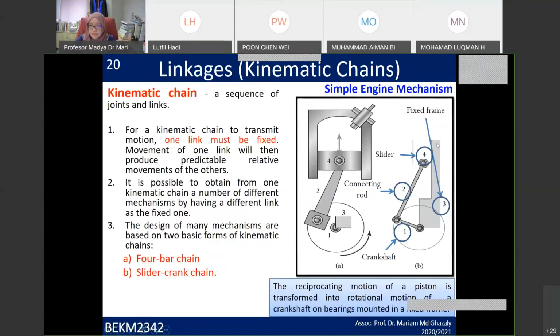Number 3. Okay, good. Number 3 is fixed. Number 3 is actually the shaft there. The shaft is connected to the block over here, so it's the one that is fixed. Number 1 is actually the crankshaft.